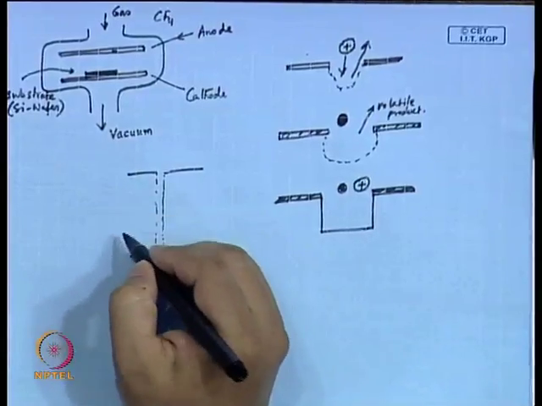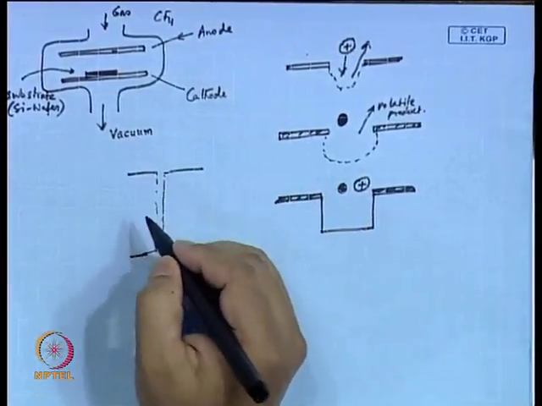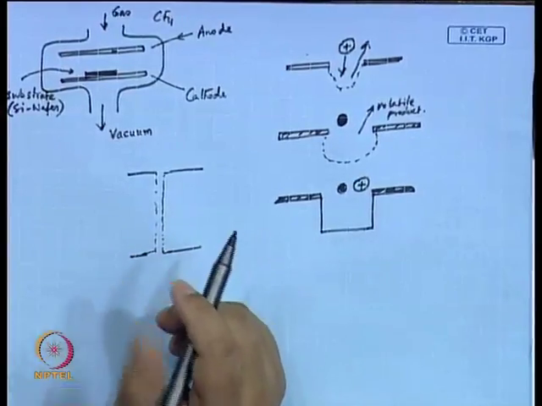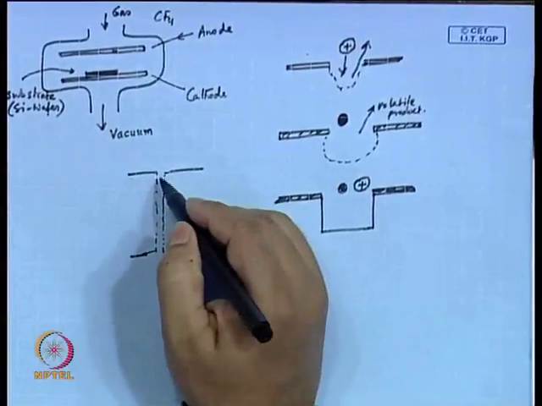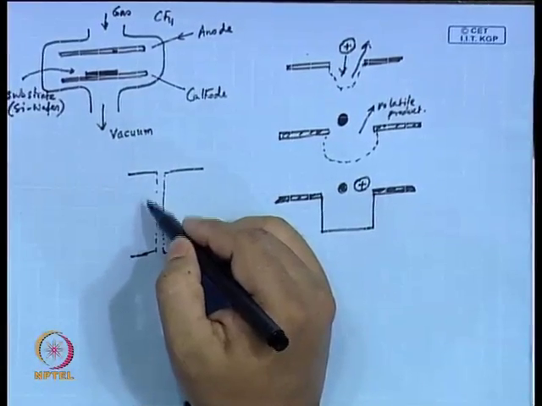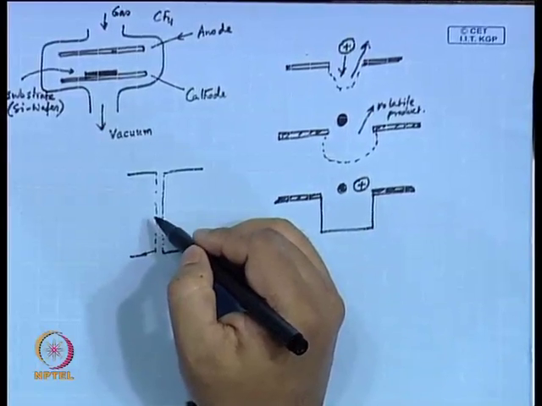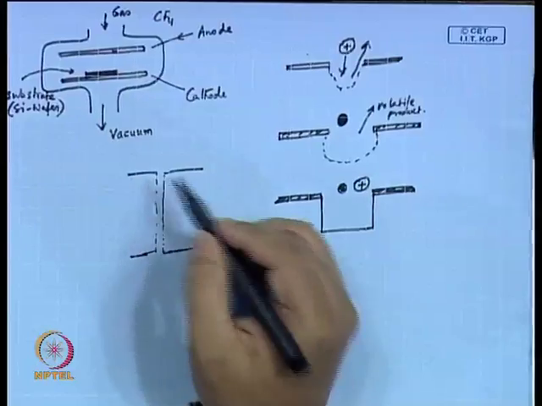The thickness of this silicon wafer, I said, is 500 micron, and the diameter of the hole is less, say we are talking about 10 micron or 20 micron. So, you can think of the aspect ratio of this and how will you etch this.